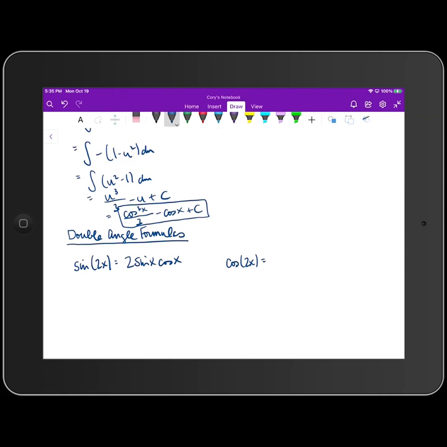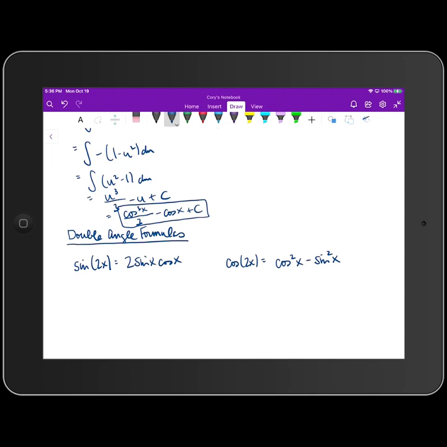And then when we look at double angle formulas for cosine, there are 3 of them that you have to know. Okay, the first one is the one that you should memorize. The first double angle formula is going to be cosine squared minus sine squared. And then once you have that first double angle formula for cosine, you can come up with the other two very easily.